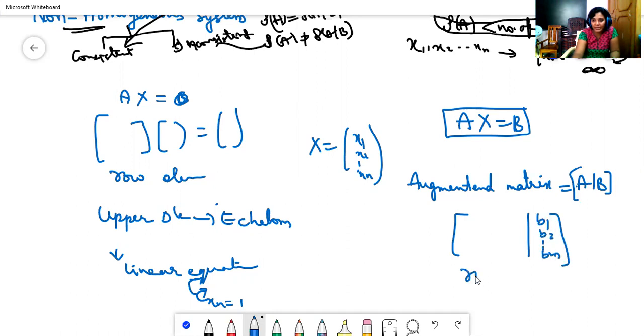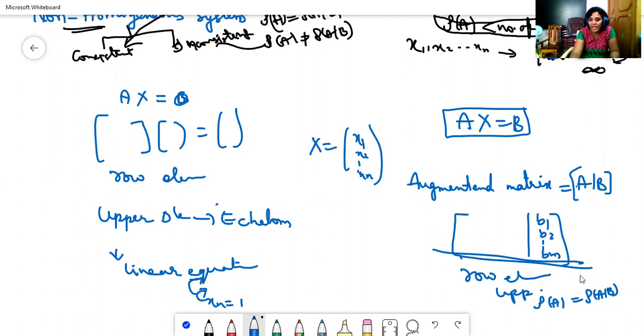Again, we apply the row elementary operations and change into upper triangular, and we check whether the rank of A is equal to the rank of A|B. That is, the rank excluding the last column and the rank including the last column. If both are equal, it is consistent.